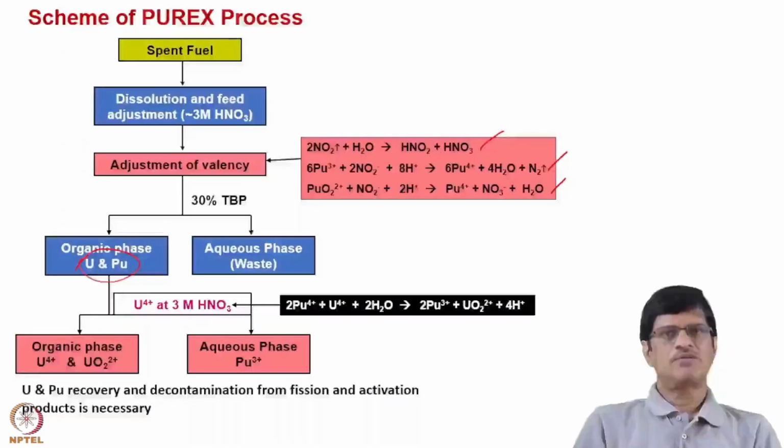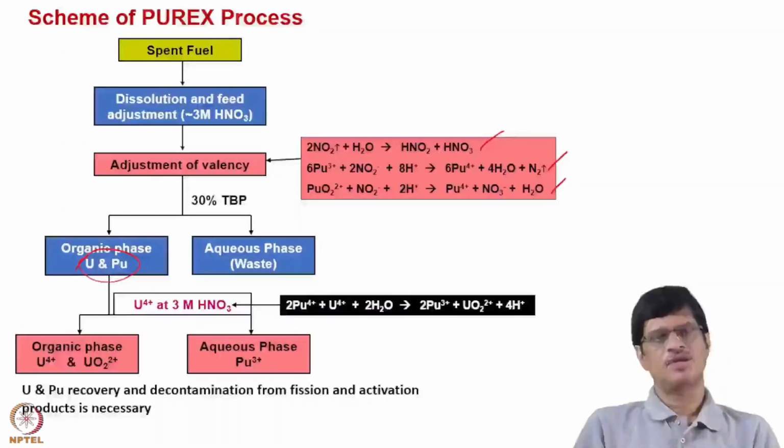Now, subsequently, the aqueous phase, which is coming out of this extraction cycle, will have all the fission products and also the trans-plutonium elements like americium, curium, etc. Then this organic phase containing the uranium and plutonium extracted in TBP is given a partitioning step where uranium 4 plus is passed and then plutonium 4 plus is reduced to plutonium 3 plus. So it goes to the aqueous phase, and then uranium which is there in the organic phase is subsequently recovered and then used subsequently.